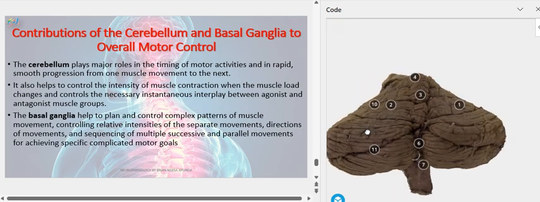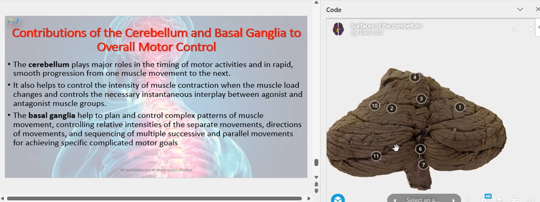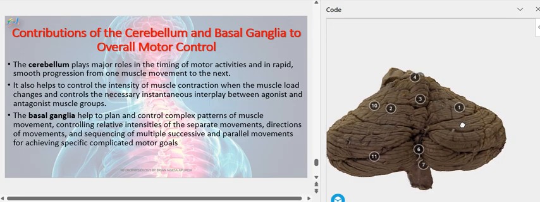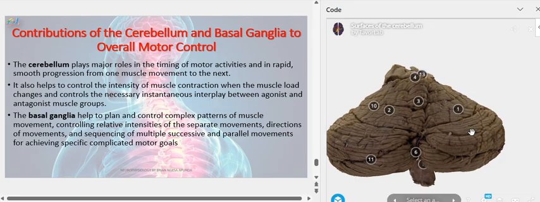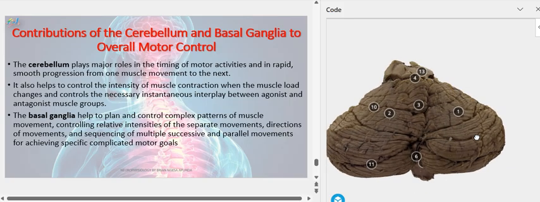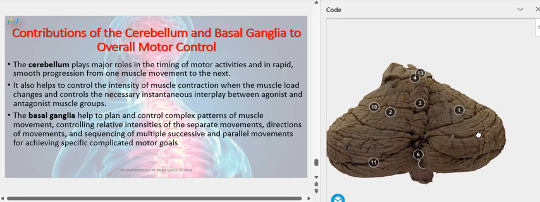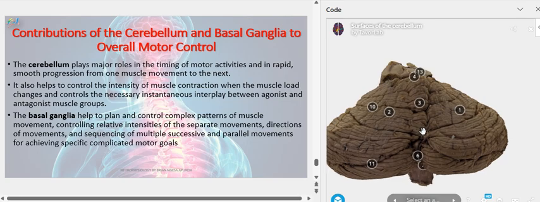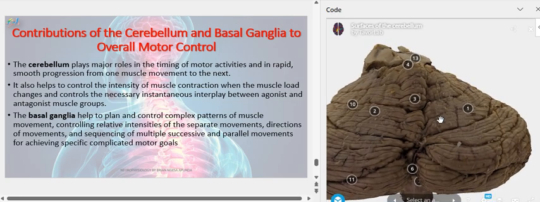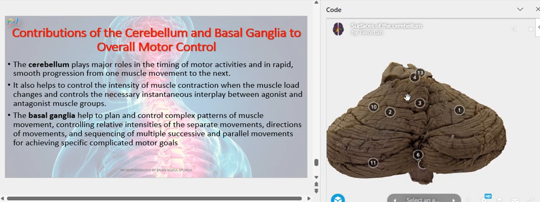So this is the left and this is the right hemisphere. They are divided by a midline narrow zone referred to as the vermis. I hope you are able to see if you enlarge it a little bit. So we have two lobes, or rather two hemispheres of the cerebellum, the left and the right part, and in between, the structure that divides them is the vermis.